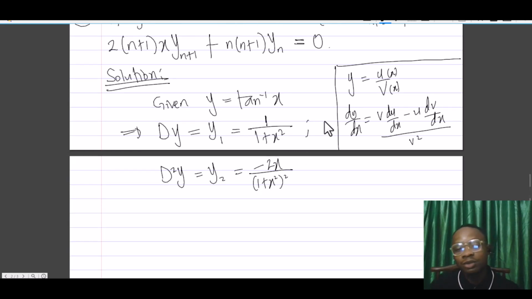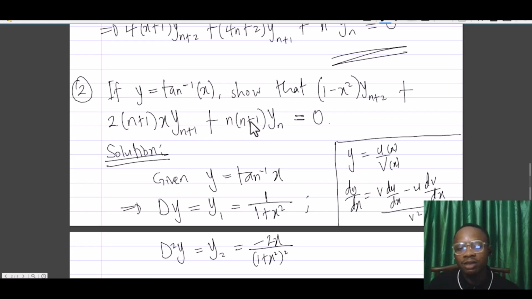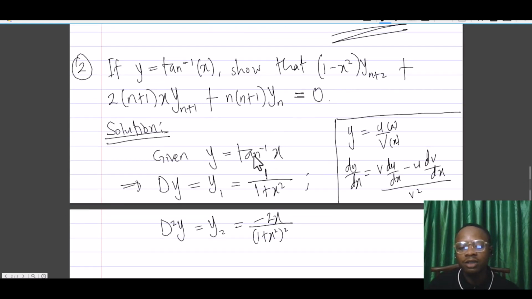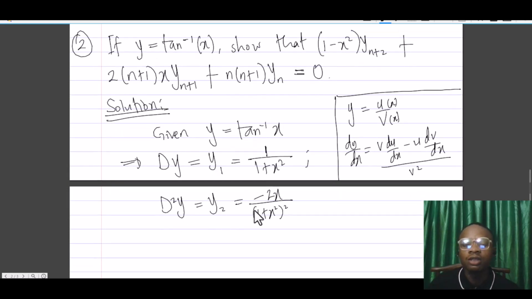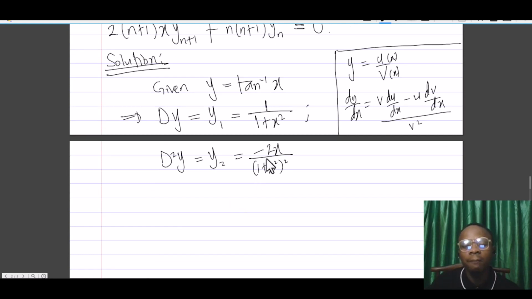Don't forget that's just what we want to do. We want to get up to the second derivative first and try to see a relationship between the second derivative and possibly the first derivative or the zeroth derivative. It's obvious here that the first derivative is 1 over 1 plus x squared.